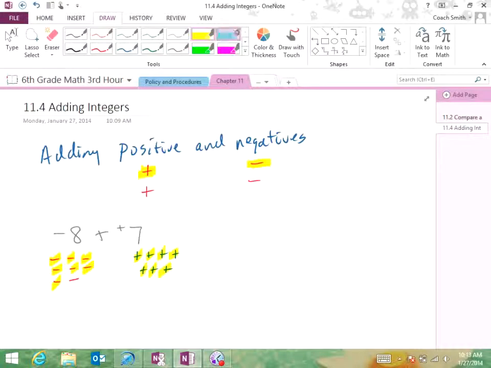Okay? And that means I am left with one negative sign. And so the answer to this problem is -1. Okay?